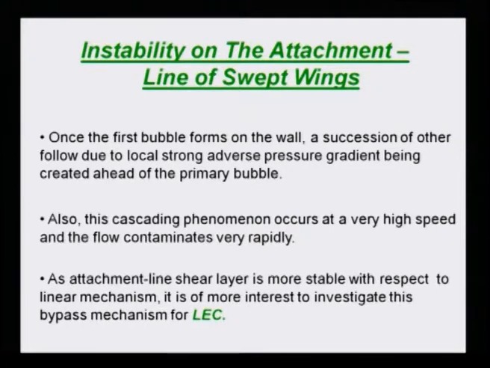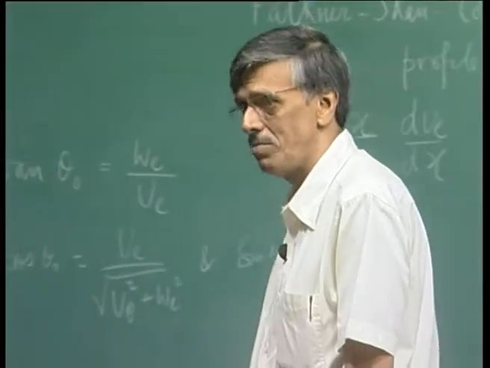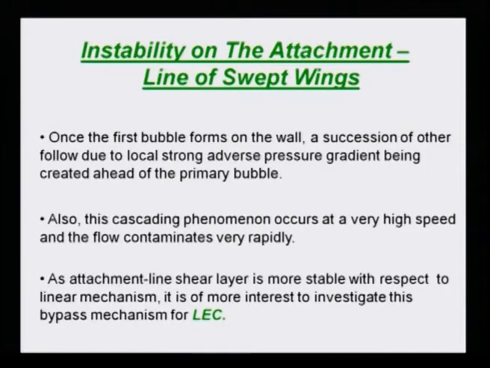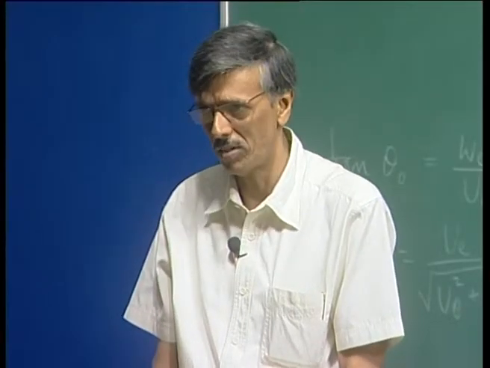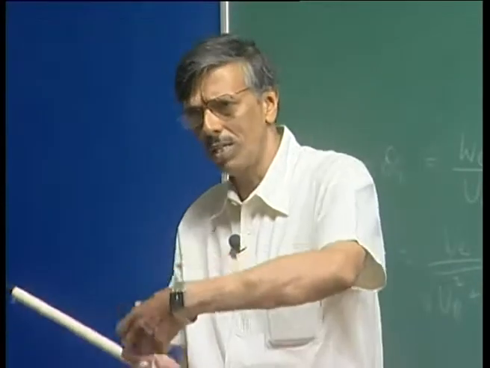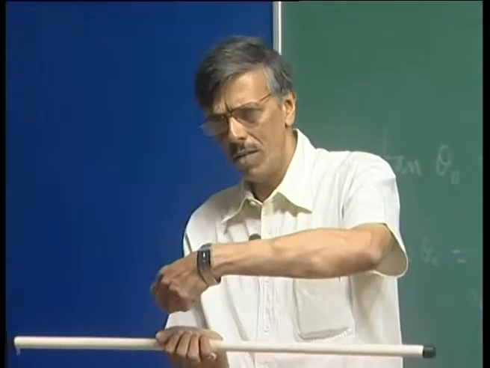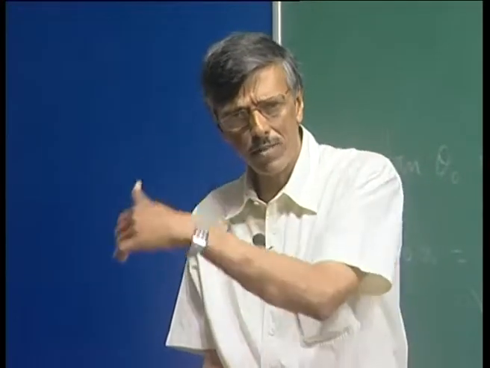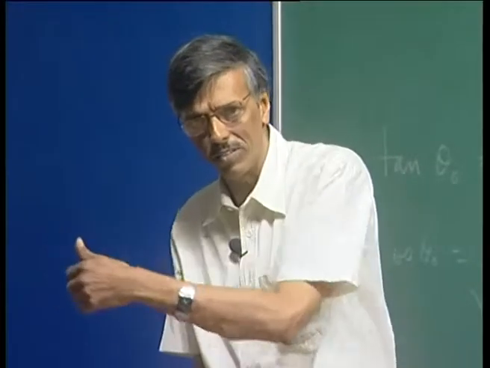And this is something we have all along seen in vortex-induced instability. Once the primary instability makes its appearance through the formation of a first bubble, a succession of many others will follow. They will be ahead of it, right? Because locally, if the shear layer bulges out, it creates a further adverse pressure gradient ahead of it, right?